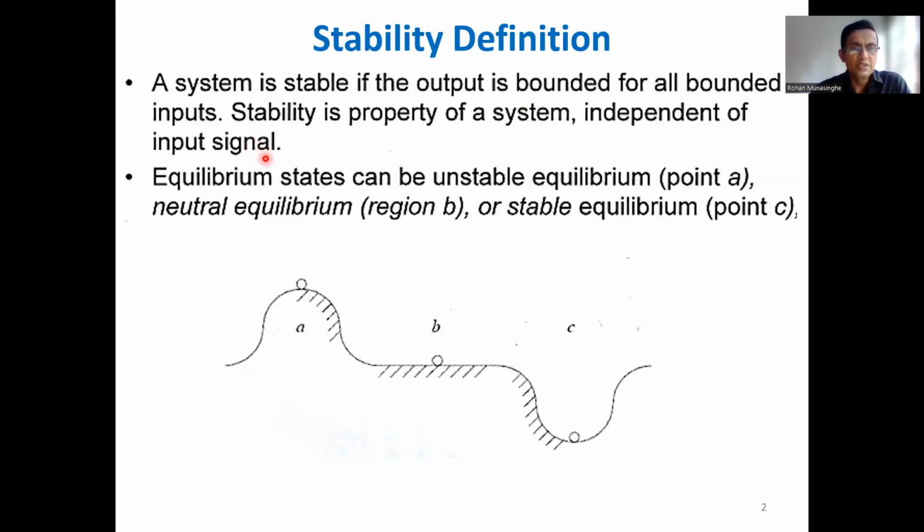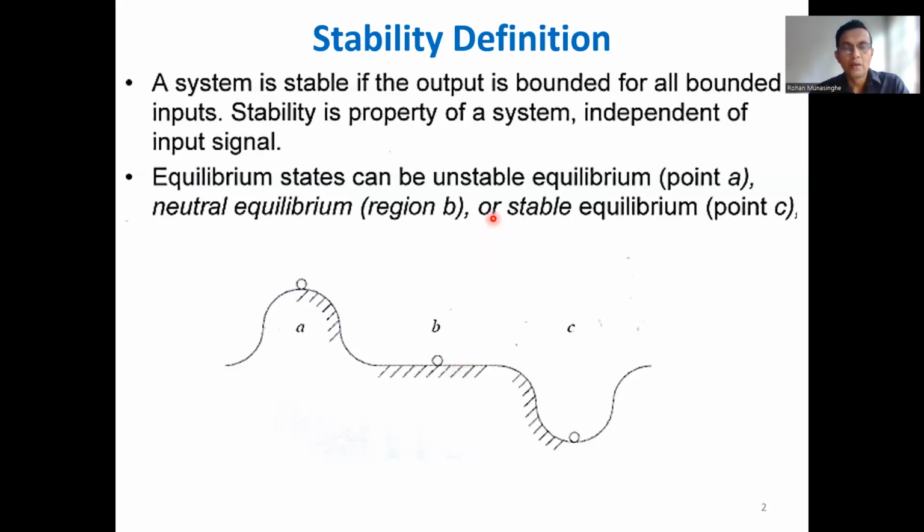So systems have equilibrium states, right? The equilibrium states can be unstable, like for example here, this is an equilibrium state, but it's very fragile. The moment you perturb it, it will fall to the left or to the right. And an equilibrium point can also be neutral. Here it's a neutral equilibrium, because it can change the equilibrium point to another point and stay stable there.